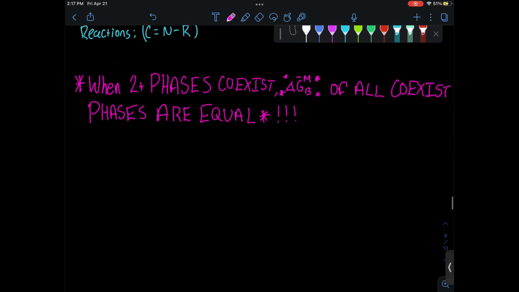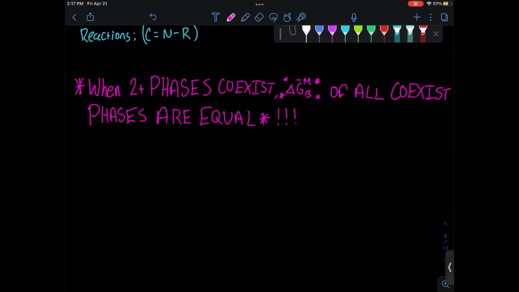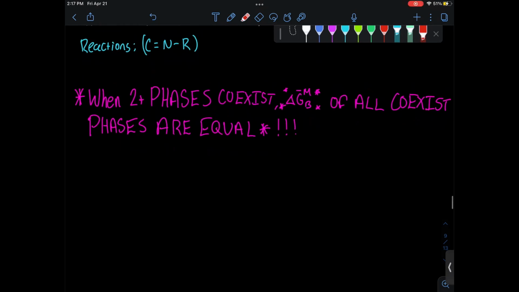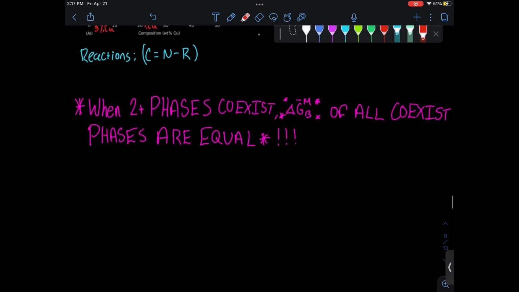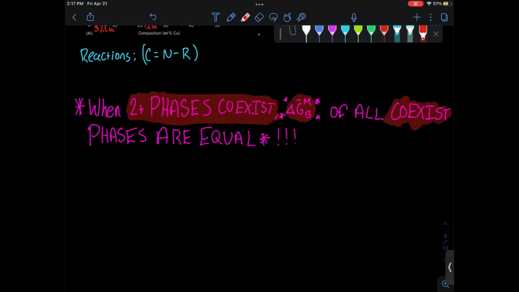So before we get into the miscibility gaps, I really want to go over this concept that I did in the last video. This concept says, when two or more phases coexist together in equilibrium, so if we were to be in a phase diagram and have a liquid and a solid together in equilibrium, the partial molar Gibbs free energy of all coexisting phases are the same.